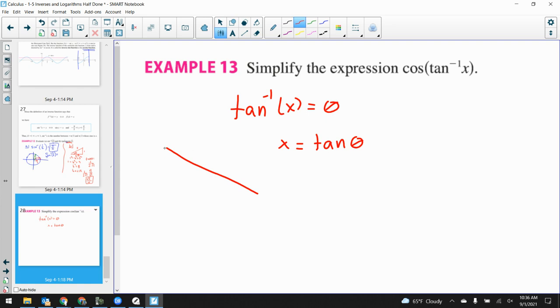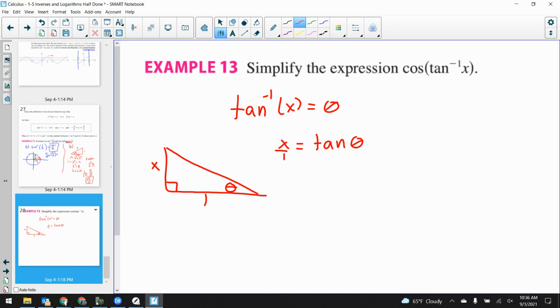Take a look at our triangle here. So if this is theta, tangent is x. Well, tangent is opposite over adjacent. Opposite x. What would be my adjacent if my opposite is x? 1. Doesn't theta have a tangent of x?